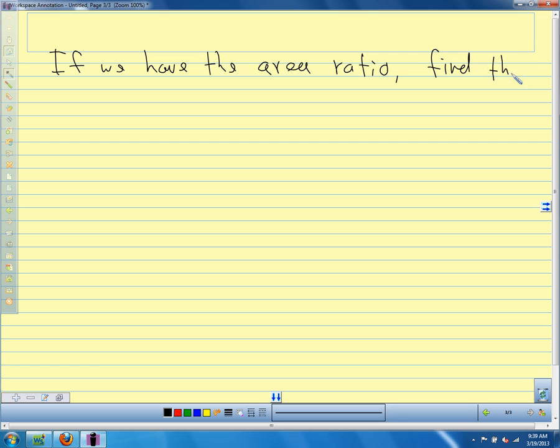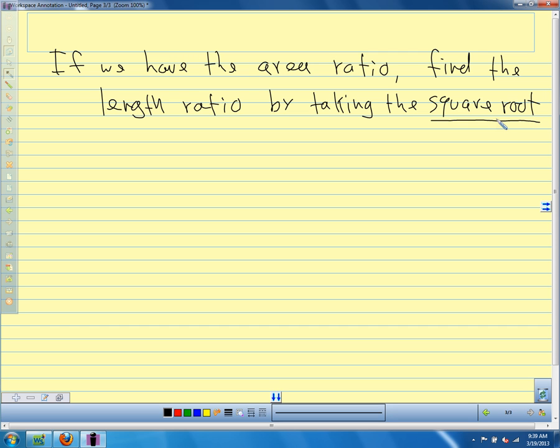We find the length ratio, and by length ratio, any length: side, perimeter, any length, by taking the square root. So if we know the area ratio, to find the length ratio, we take the square root. Just like anytime we have something squared and we want to undo the square, we take the square root. Same idea.